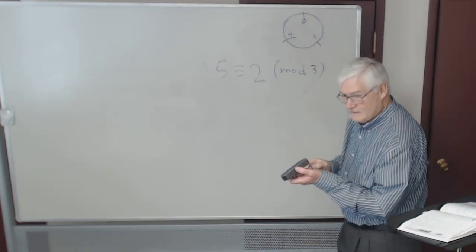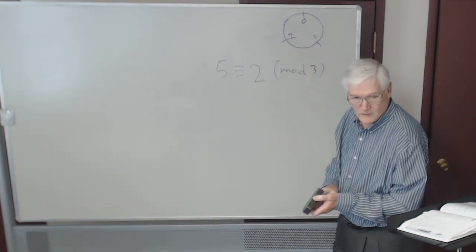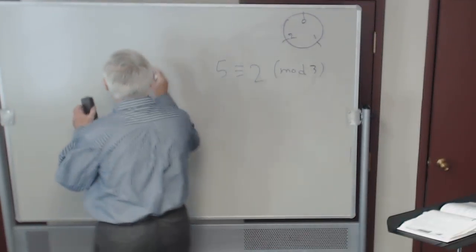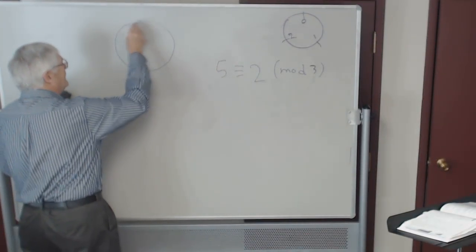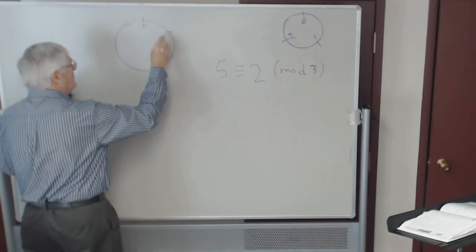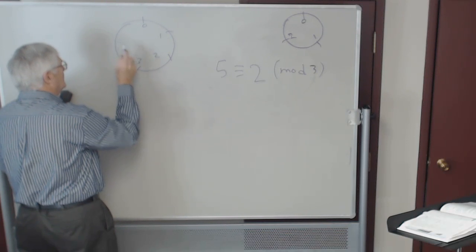But why in the addition modulo 5 table does it go to 4? Here's modulo 5: 0, 1, 2, 3. Whoops.